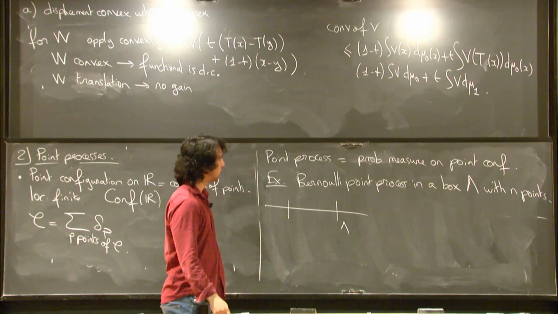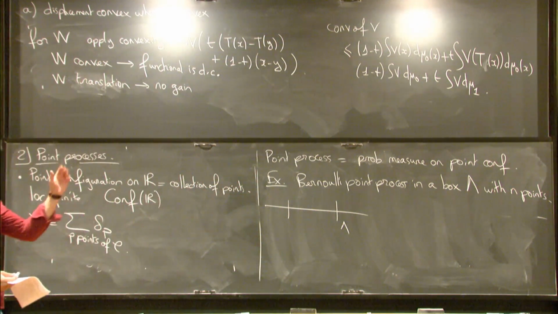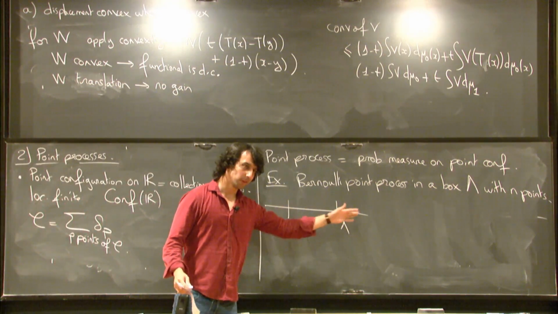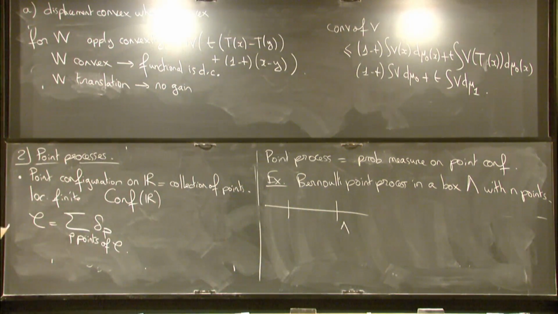There is no time here. Well, since you're on the real line, you could look at it as time. There's no time involved at all. It's purely spatial. I call it process, and it's like the Poisson point process. There's no time, but it's a point process.